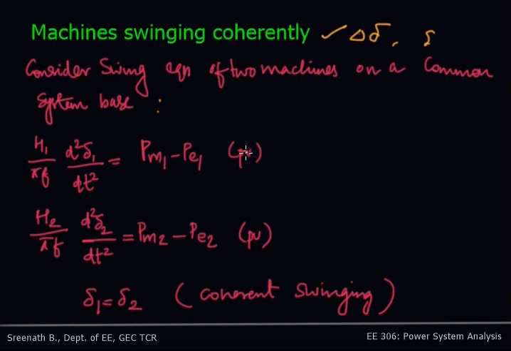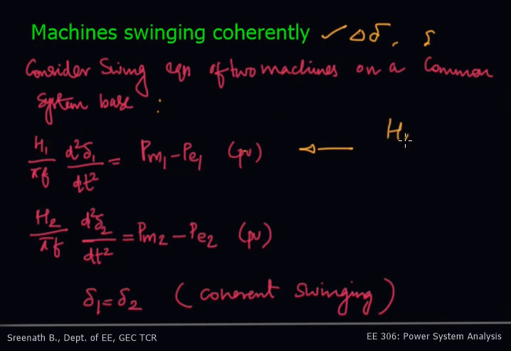Now, as we have done in the earlier case, we have converted this particular equation to a common base: H1 by pi f into d square delta 1 by dt square is equal to Pm1 minus Pe1. This is for machine 1, and this is for a common base. H1 has been derived based on the common base.